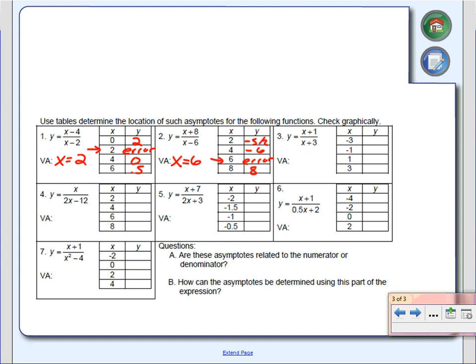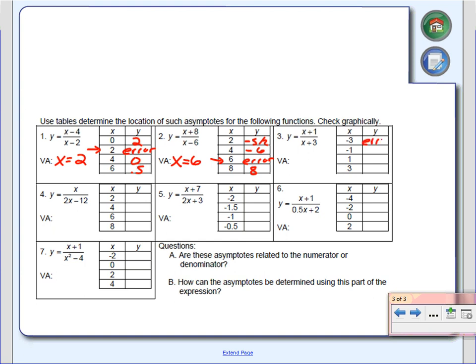All right, let's go ahead and do the same thing again for number 3. X plus 1 over x plus 3. Let's get this table filled out. All right, what do you see next to negative 3?